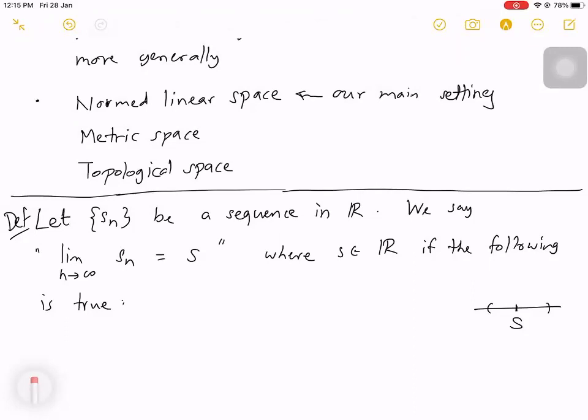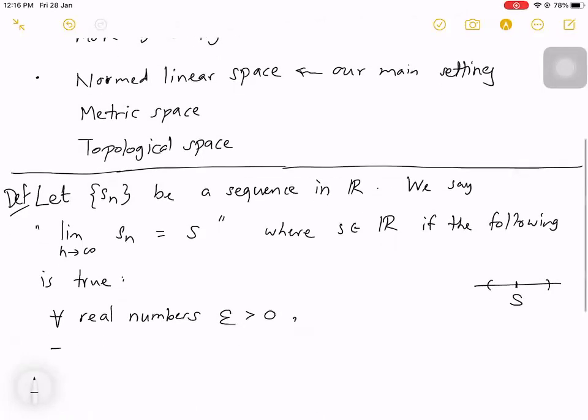Let's write down the definition. For all real numbers epsilon greater than 0, let's write this separately, there exists a natural number capital N such that what happens?